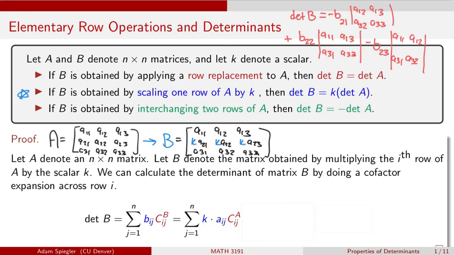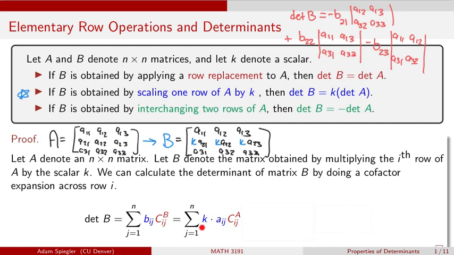And since we haven't changed any of the other rows in matrix B, all of the other rows in matrix B are identical to the rows in matrix A. All of these cofactors for matrix B are identical to the cofactors for A. So these are the same, and Bij is equal to this scalar k times Aij, because that's all we did to get matrix B was multiply the ith row of matrix A by k.